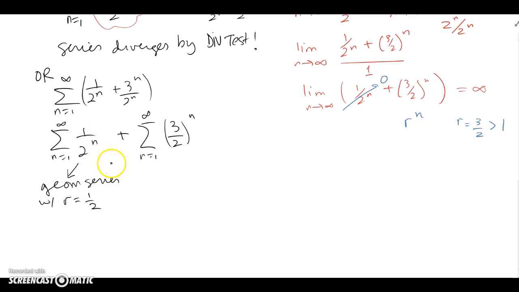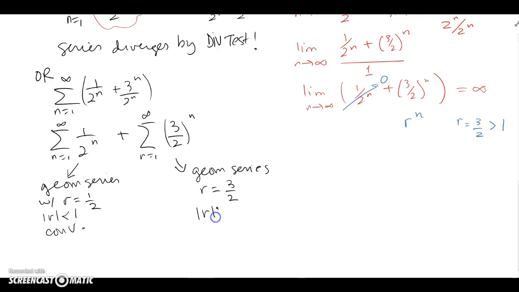Again, if you spit out a few terms, you're going to get a half, a fourth, an eighth, 1 over 16, and so forth. And since r is less than 1 in absolute value, this guy is going to converge by itself. However, if I look at this guy, this too is going to be a geometric series. And r for this guy is 3/2 because the first term is 3/2, the next term you're going to multiply by another 3/2, another 3/2, another 3/2, and so forth.